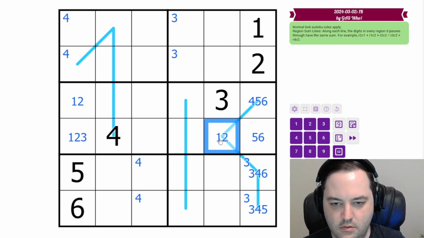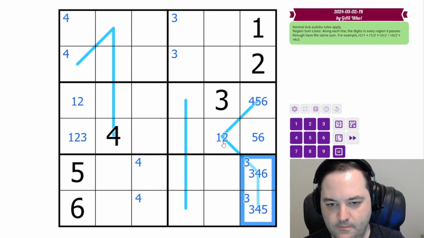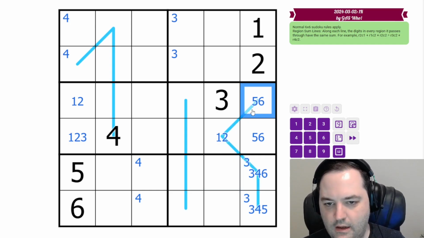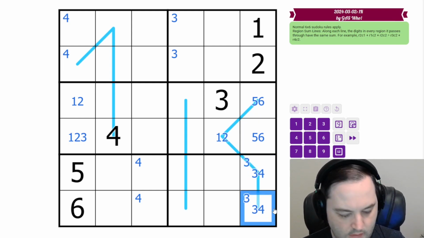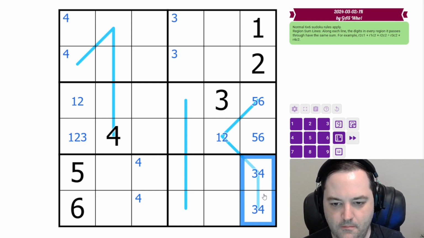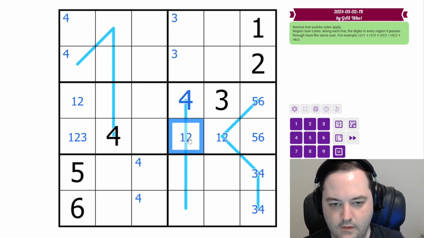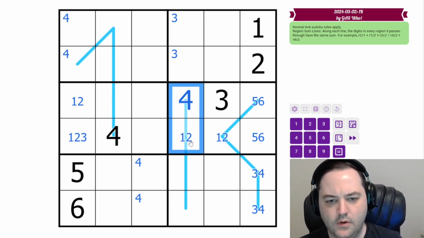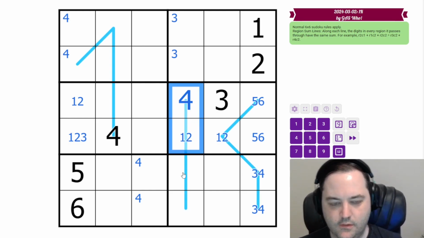Now, this is at least 7. So we can't have a 4 here. And now it's exactly 7. So this is a 4 pair. So 5, 6 pair. This can't be 4, so this is. So here we either have 5 or 6 is our sum.